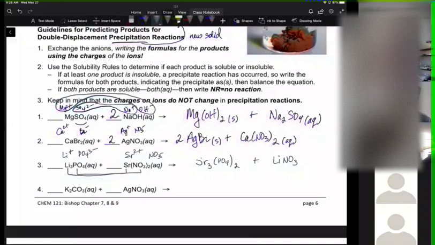In number 3, I use the crossover method to write my neutral compound.